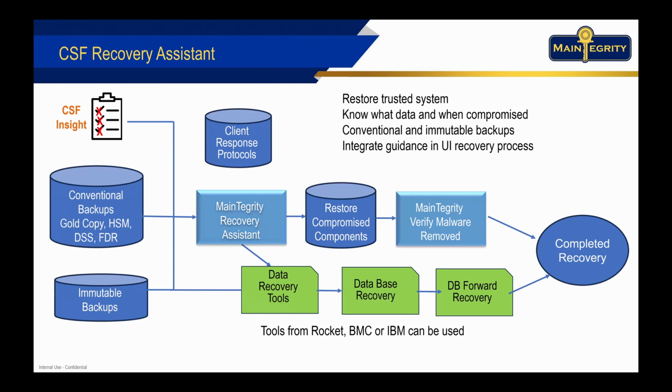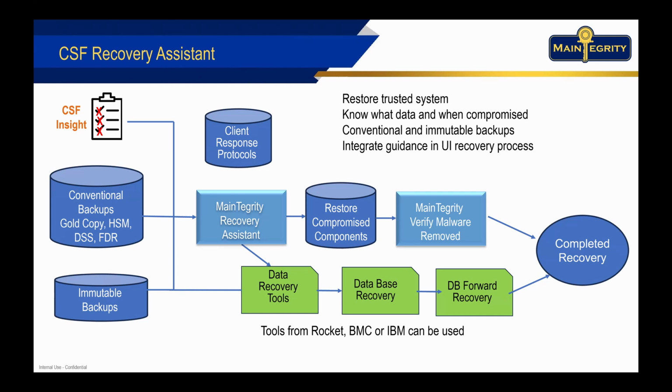So how does it do this? The best scenario is to detect and thwart an attack prior to any damage being done, and CSF can certainly help with that. But if the bad guys do manage to do some damage, CSF can provide some critical information regarding the attack. The recovery assistant will know which files have been tampered with or damaged, either from detecting the changes through file integrity monitoring or through the early warning tamper detection feature.